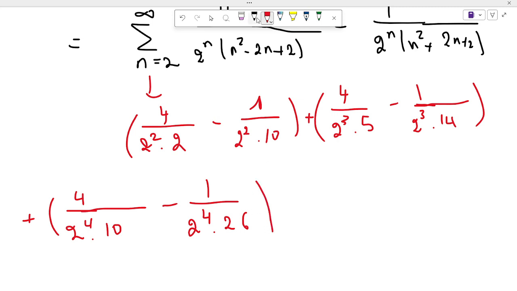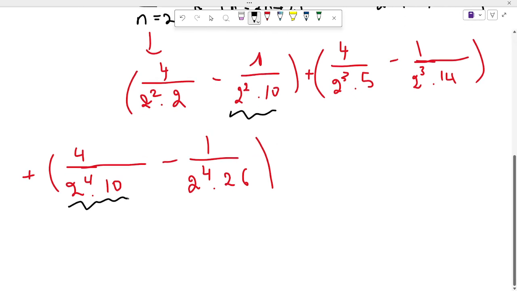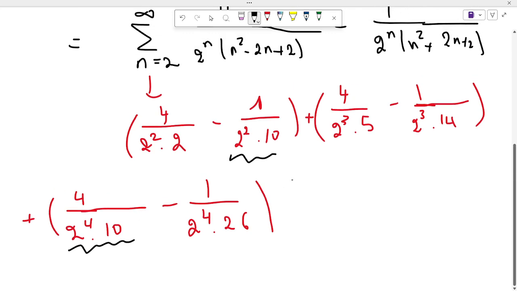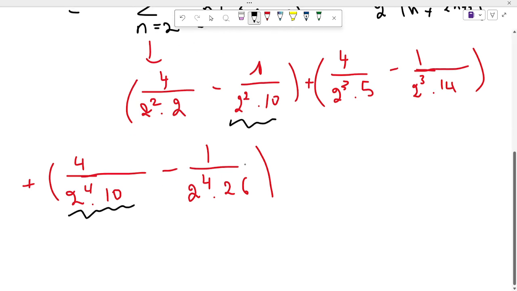Basically the term right over here seems to cancel with that one. We can expand this further, but this observation is very important.